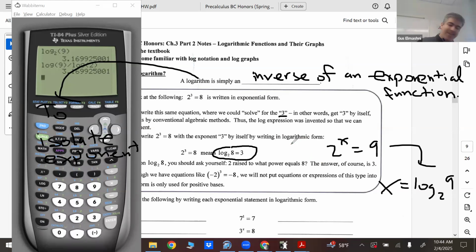Back in the day, when my dad did this many years ago, or maybe your grandparents, because your parents are probably the same age as me, there was something called a slide rule. It's actually like a ruler, and you had to slide to log 9 and see what log 9 was as a decimal, and see what log 2 was, and then divide those two decimals. So you didn't have these fancy calculators.